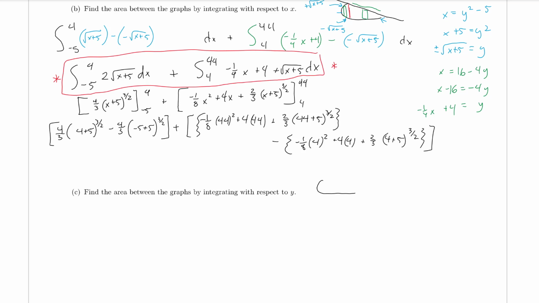So if we take a look at the area again, if we had done horizontal rectangles, we have the exact same boundaries on our rectangles. The linear function is the rightmost bound, and the quadratic function is the leftmost bound. So this makes our integral quite easy.